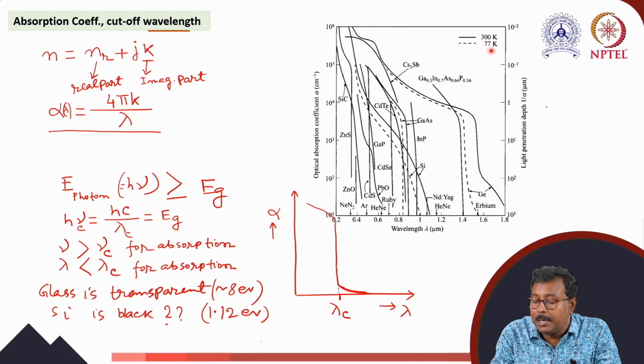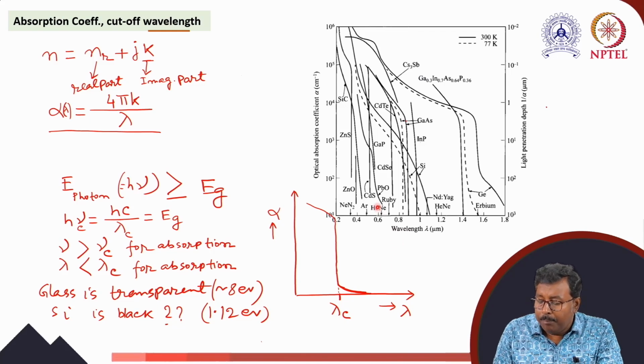Dash line stands for the lower temperature and solid line for room temperature. You see the lambda c at higher temperature is more than lambda c at lower temperature in this case. So not only the value, the cutoff wavelength is also affected by temperature.